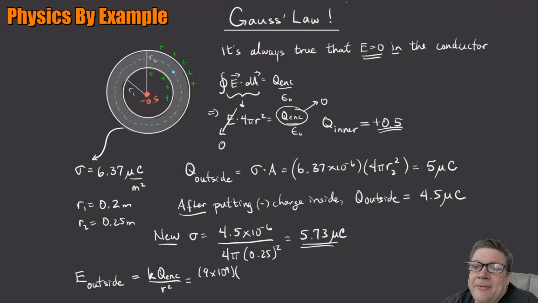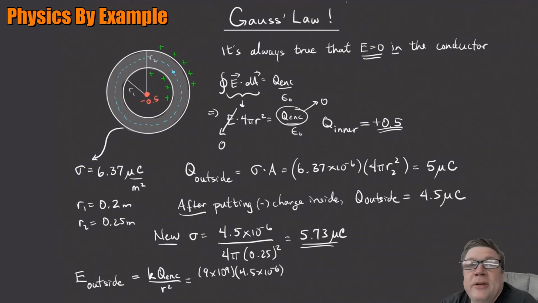In a way, this is easy, and in a way, it's a little bit tougher. How much charge is enclosed? Well, I have minus 0.5 in the center, plus 0.5 on the outside wall. Those two kind of cancel out. And then I just have whatever I have left on the outside, which I just figured out was 4.5 microcoulombs. So I got 4.5 times 10 to the minus 6.